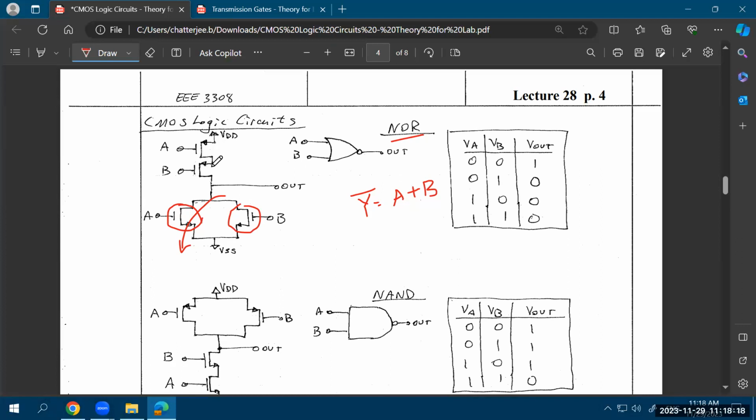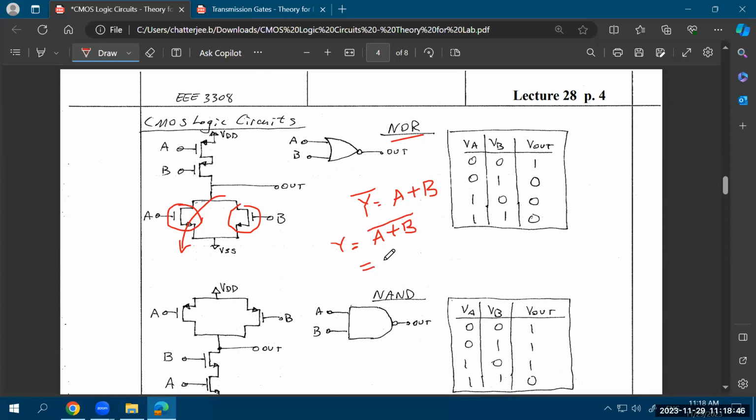The PMOS logic will be a dual of it. So if your pull down network or your NMOS logic is in parallel, the PMOS logic will be in series. Why is that? Again, you can do a little bit of mathematical manipulation here to understand this better. So y bar equal to A or B. So y is equal to (A or B) whole bar.